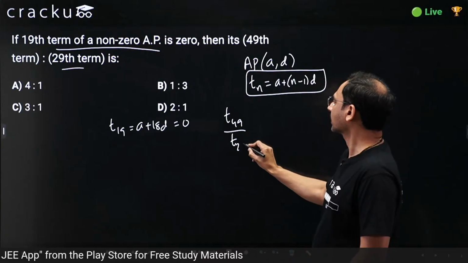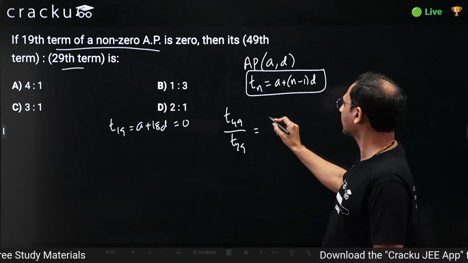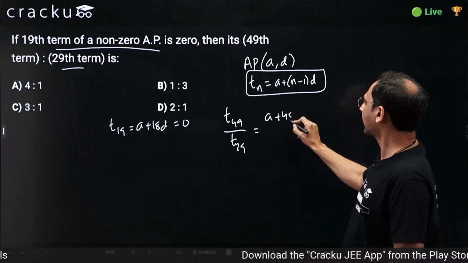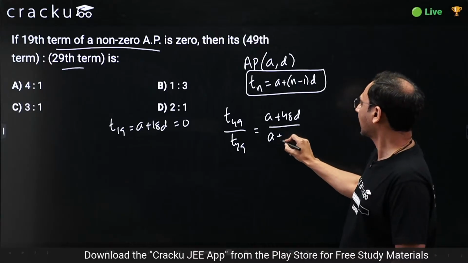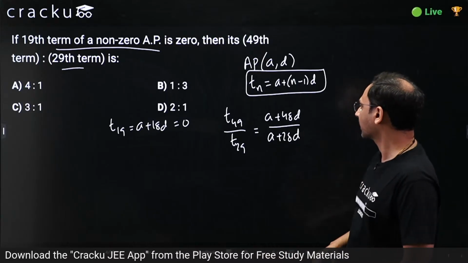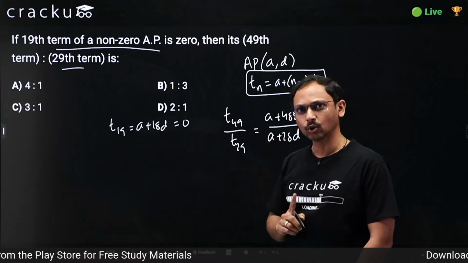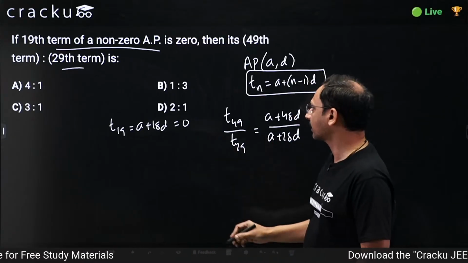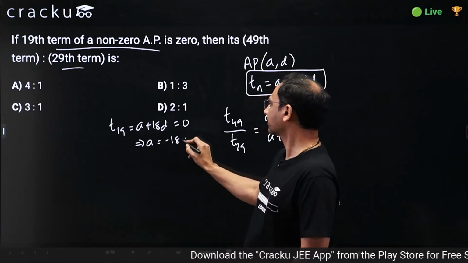T49 by T29. So with this general formula, what is 49th term? A plus 48D upon 29th term will be A plus 28D. Now, can we get this ratio from this one? We have only two variables, but one equation. So you can get A in terms of D here.